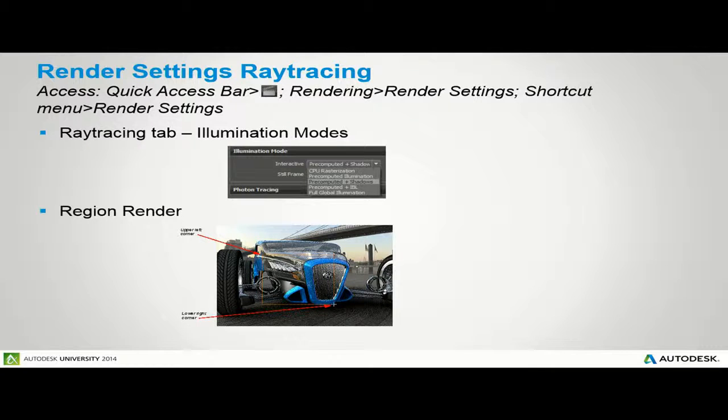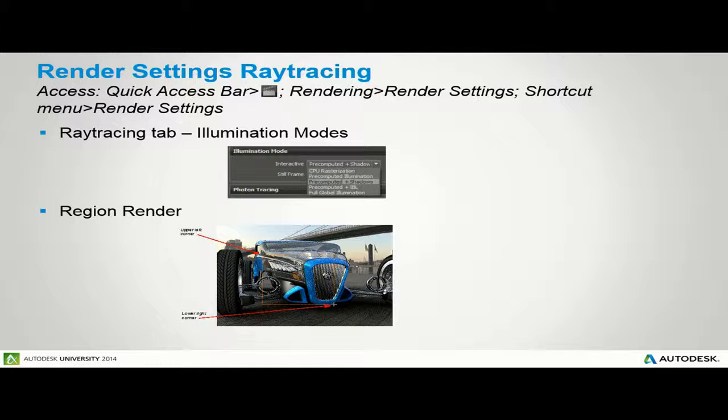Here you have the ray tracing tab, where you can set the illumination modes for ray tracing. This is only meant for ray tracing. There are 5 different illumination modes for ray tracing: CPU, pre-computed plus shadows, pre-computed IBL, and full global GI.